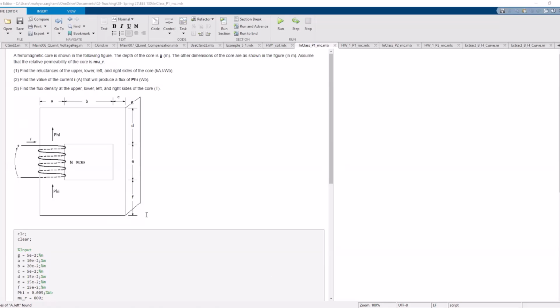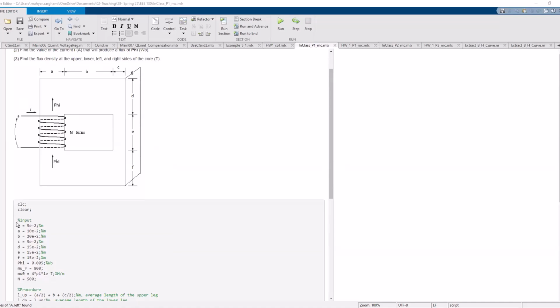Okay? So before going into this, I've also given you the inputs of the problem here in the live script, in which G is going to be 5 centimeters, A is going to be 10 centimeters, B 20 centimeters, C 5 centimeters, and D, E, and F are all given as 15 centimeters.